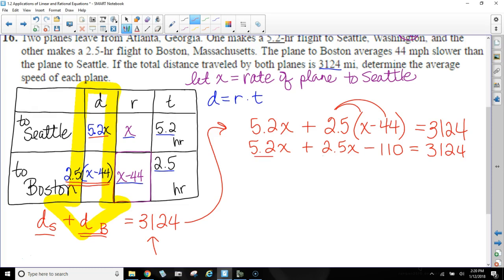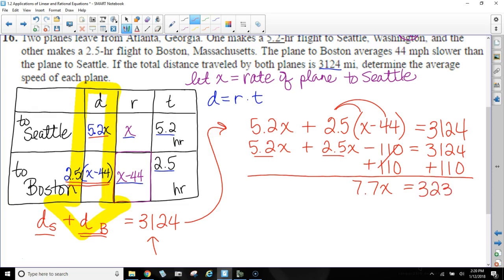We'll combine like terms on the left-hand side and add the number 110 to both sides. Once we simplify, we will have 7.7x on the left-hand side and 3,234 on the right-hand side.